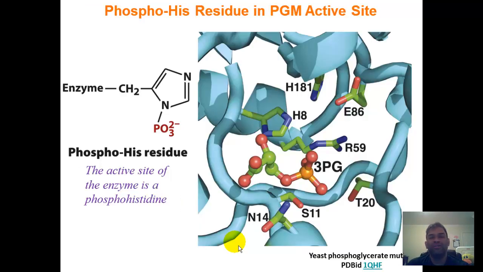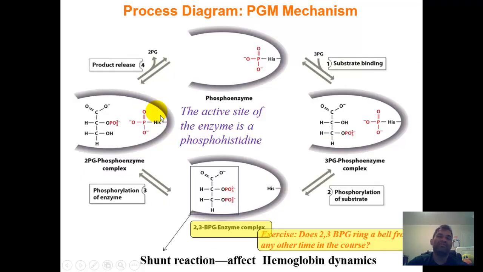So how do we do that switch? Phosphohistidine is the active site. So here's our substrate 3-PG, 3-phosphoglycerate, and here is that histidine. That histidine is phosphorylated, so we're going to actually produce an intermediary here that is diphosphorylated. The diphosphorylated intermediary sometimes leaks out. If it leaks out, it does leak out as 2,3-bisphosphoglycerate, which hopefully you now know is part of regulating oxygen binding to hemoglobin.